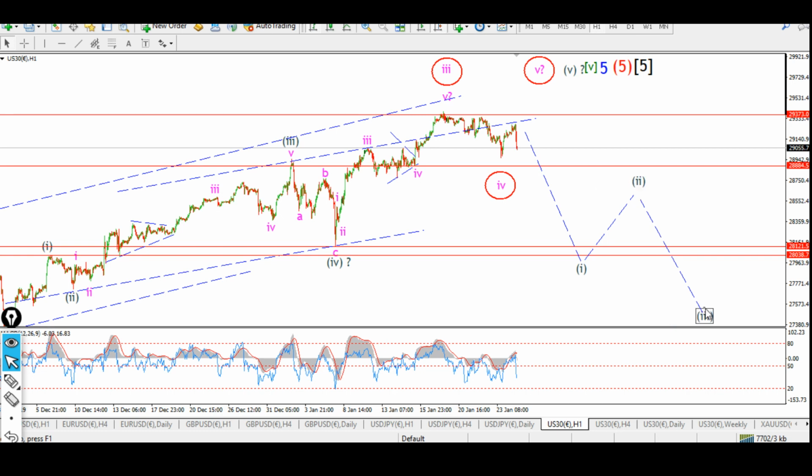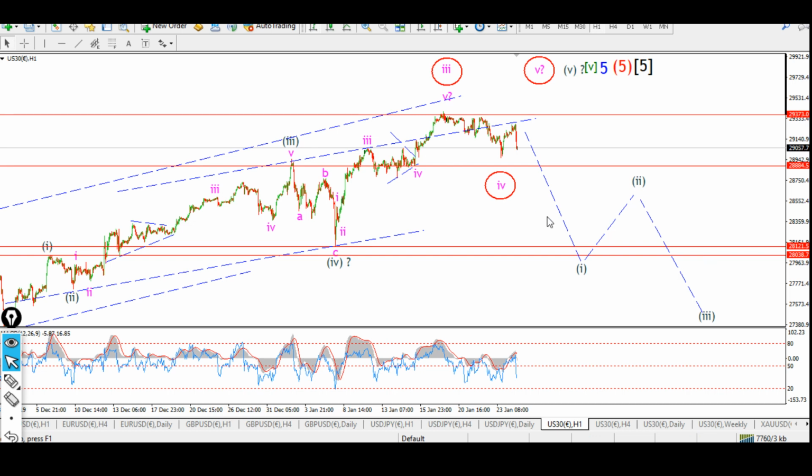Once we have a reasonable contender for wave 2 here, that will be the point to start working into the market on the downside. Until that point, I think it's still a hands-off scenario. And I know we have a long way to travel before we start breaking these previous lows, but that's just the way the market is.